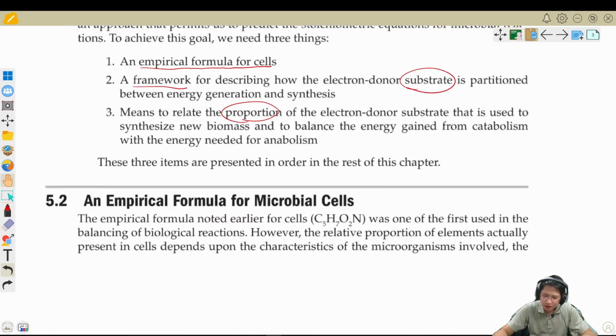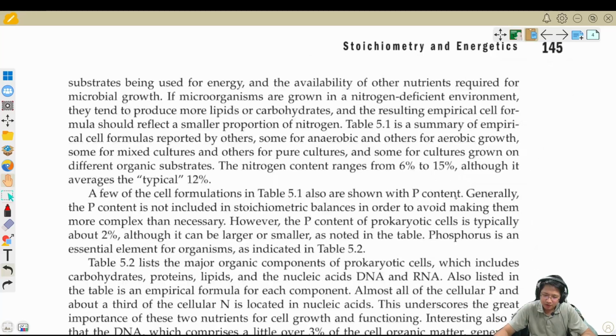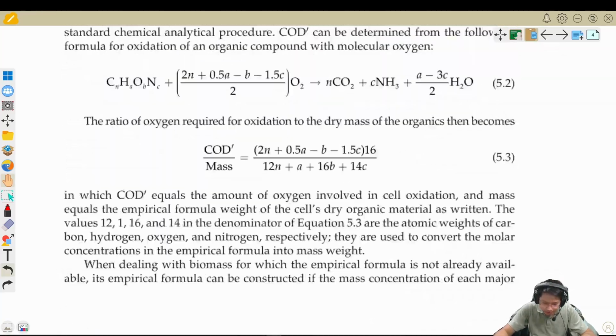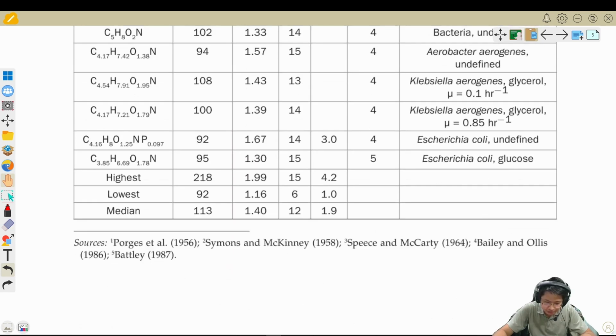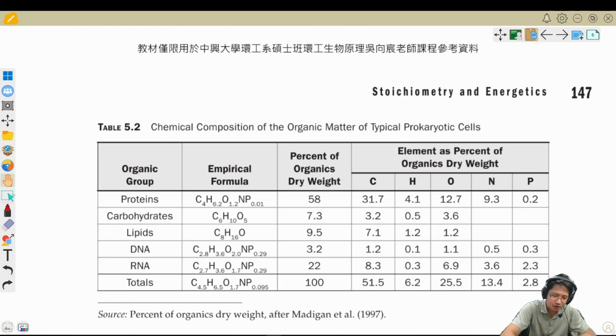Here we have several tables. We can move to the next page, and we have another page here. We can see table 5.1 and also table 5.2, to understand the chemical composition of the major organic chemicals within the cells, like proteins, carbohydrates, lipids, DNA, RNA.